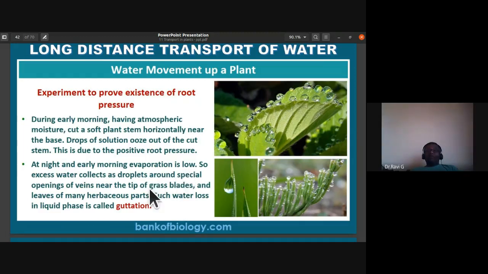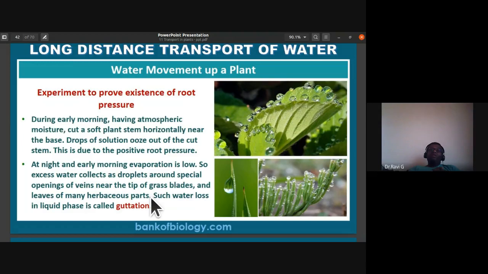One of your friends had asked whether there is closing or opening of stoma in guttation. The water stomata are open throughout the day. Why don't you see these water droplets in the afternoon? When the evaporation through transpiration is higher, the plants do not have enough water to lose through guttation.